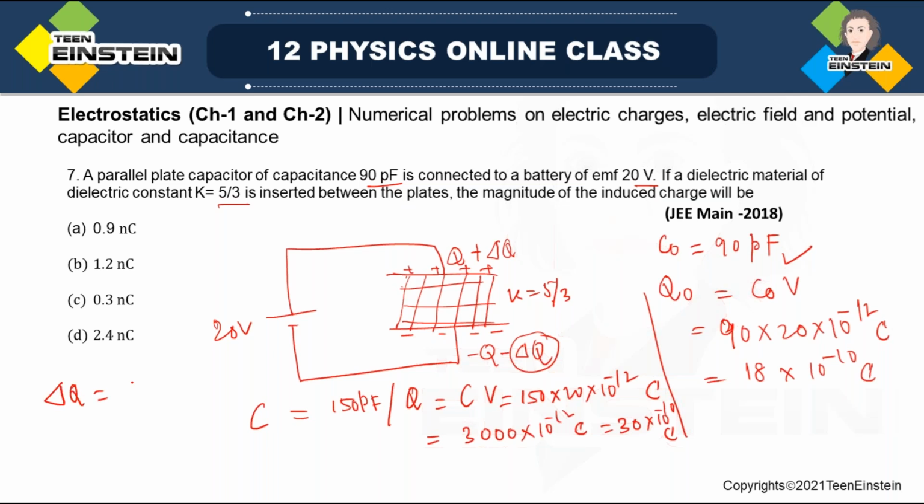Delta Q is Q minus Q0. So what is Q? Q is 30 into 10 to the power minus 10, and this is 18 into 10 to the power minus 10, and the whole thing is in coulomb.